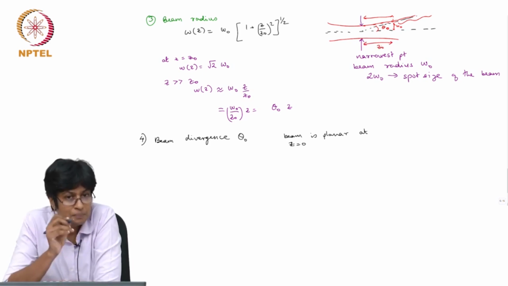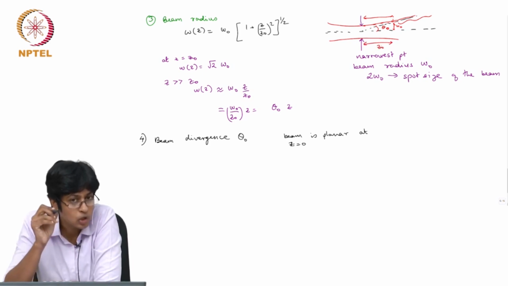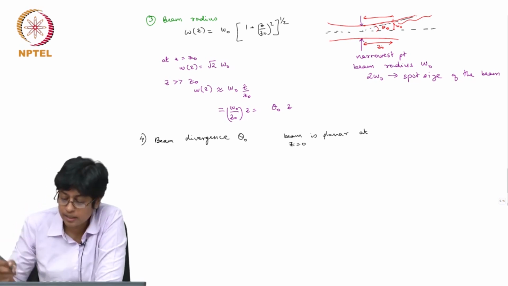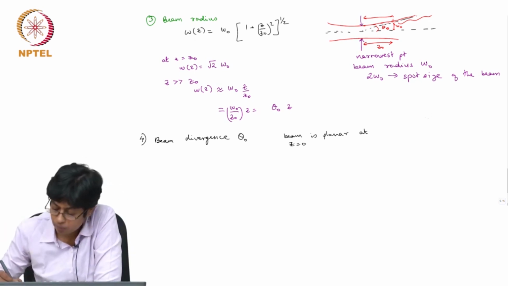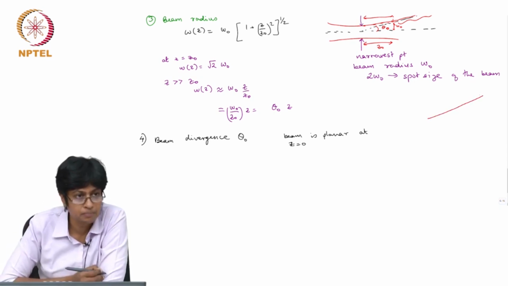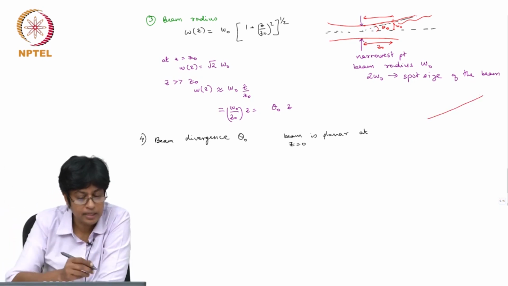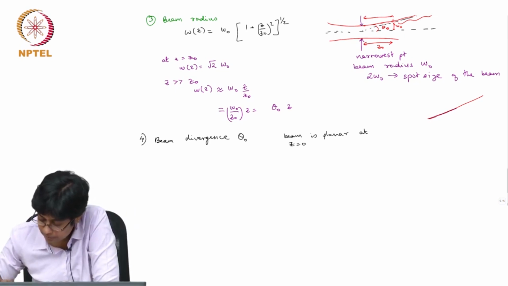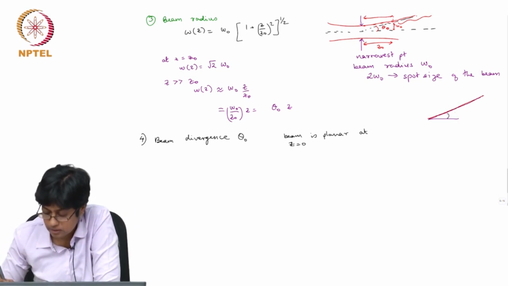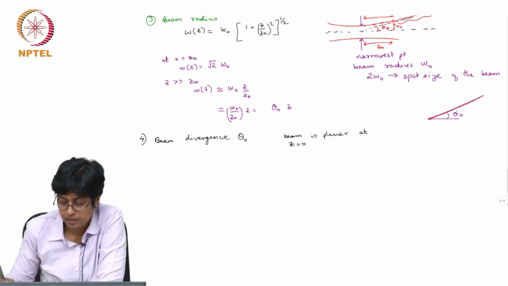So the Gaussian beam does not have a constant divergence. If it had a constant divergence, I would draw one side of the beam spreading out like this, and it would be nothing but a straight line, and I could say this is theta naught, right?